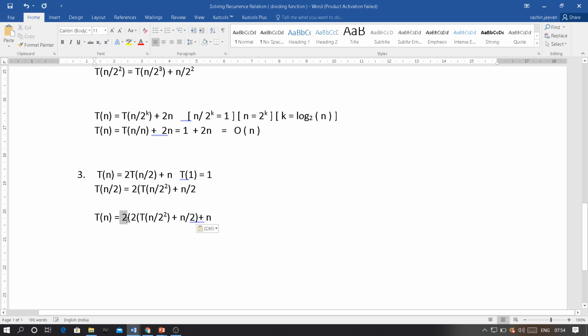Now this 2 has to be multiplied inside both these terms: for 2T(n/2²), as well as this term n/2.